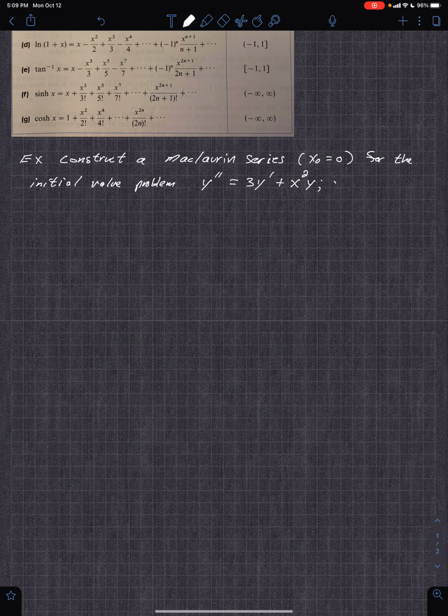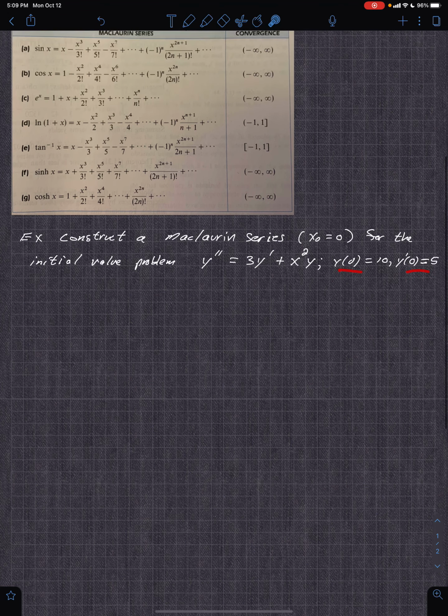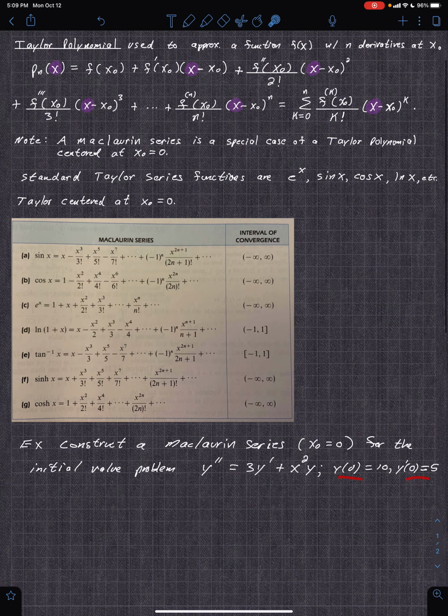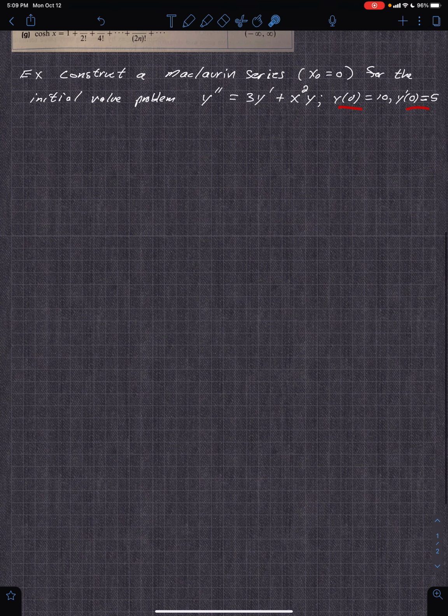Initial conditions: y of 0 is 10, y prime of 0 is 5. We'll be able to use these in our Taylor expansion. So we're going to be using this exact form to expand, and we'll be given those first couple terms. Then it's up to us to find the other terms given these terms back into this function.